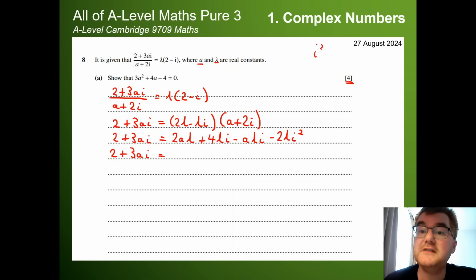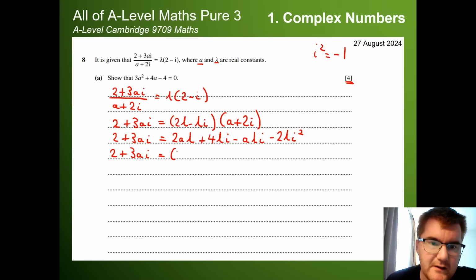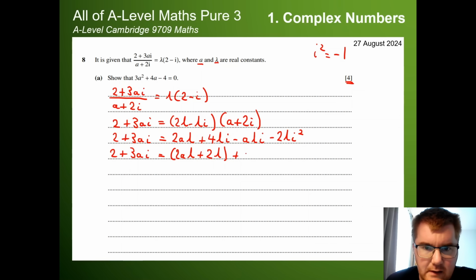Remember, i squared, as talked about in the previous question, is equal to minus 1. So it's going to be a plus 2 lambda. That means we bring the real parts together, we get 2a lambda plus 2 lambda here. And then for the imaginary component, we get (4 lambda minus a lambda) i.